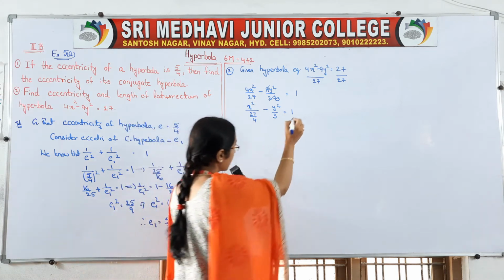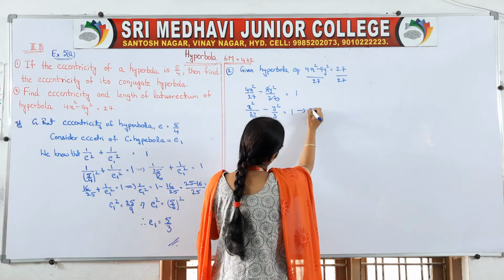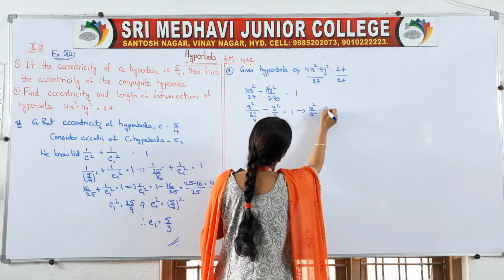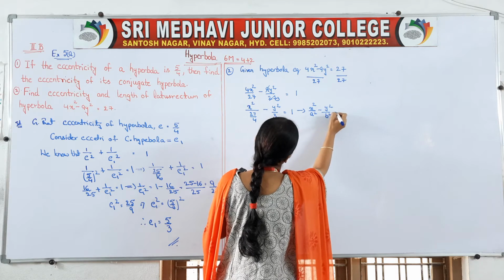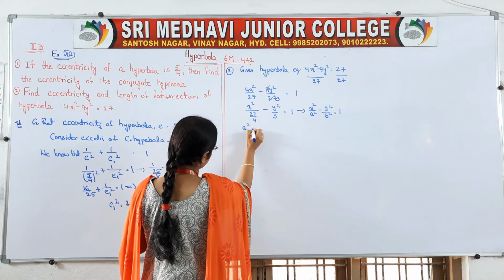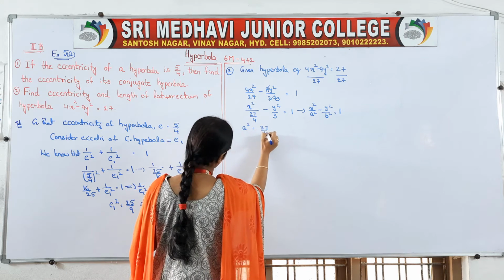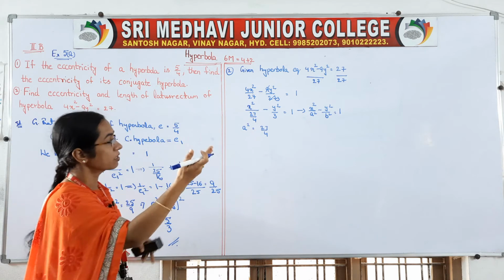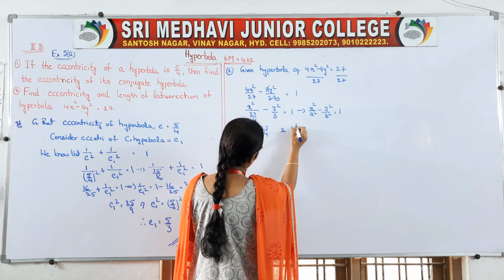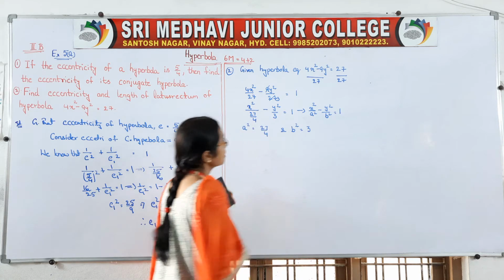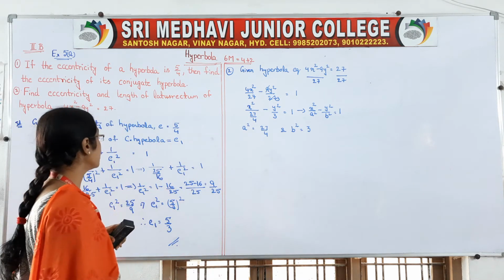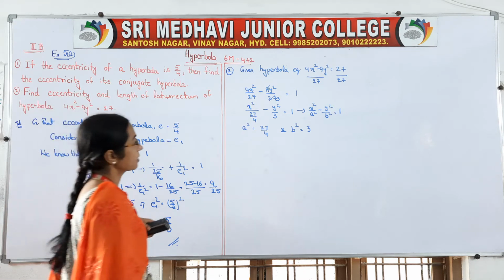Now it is exactly in the hyperbola form, x square by a square minus y square by b square is equal to 1, where a square is equal to 27 by 4 and b square is equal to 3. So the question is, find the eccentricity and length of latus rectum.